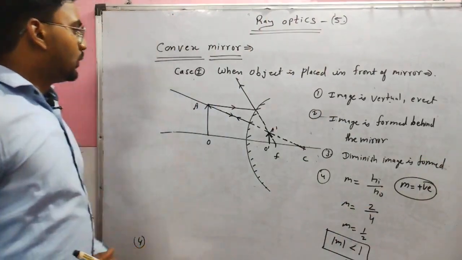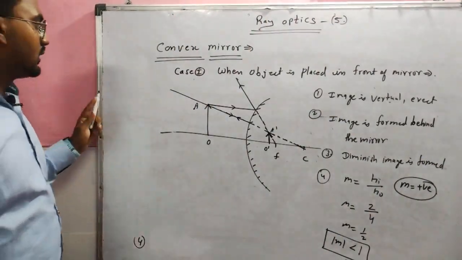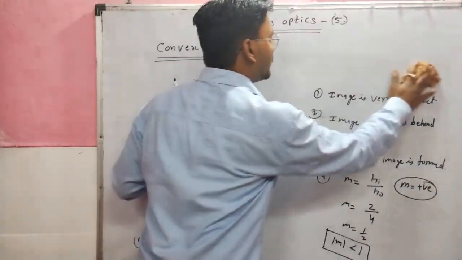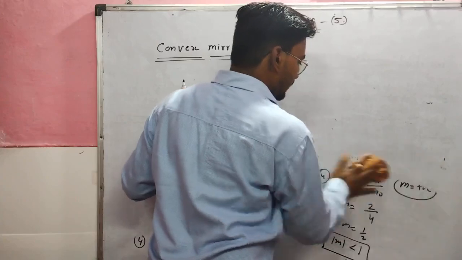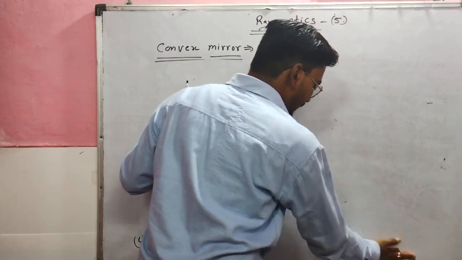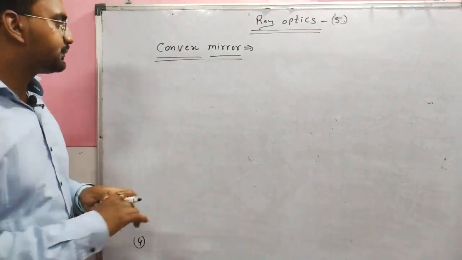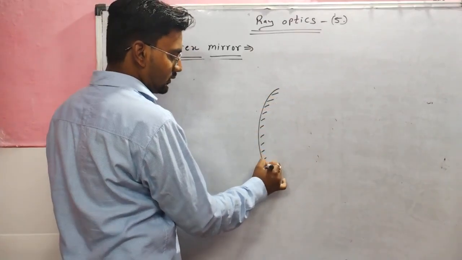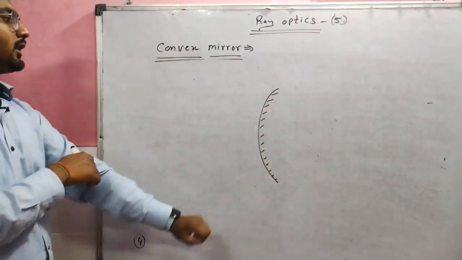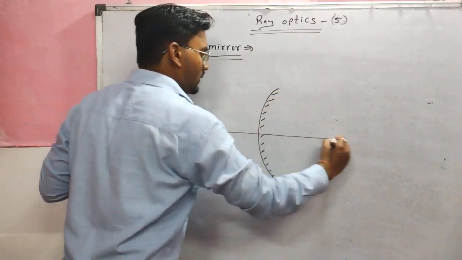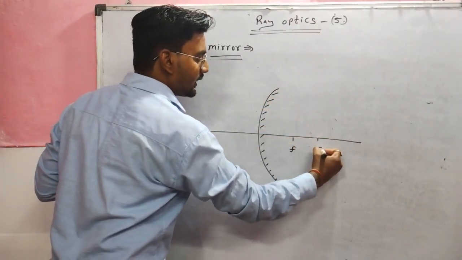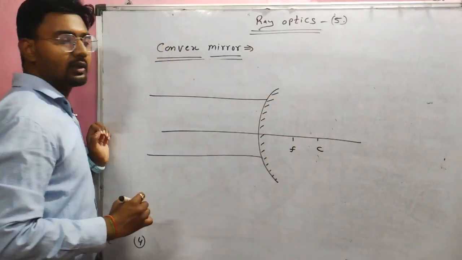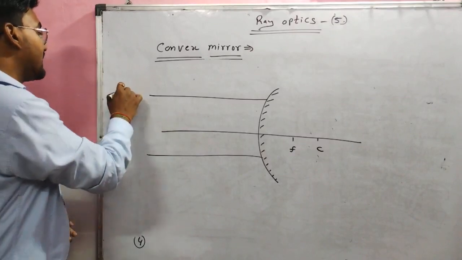Okay. And one last case we have to consider, when an object is placed at infinity. So we take this case also, and then we go for the conclusion of all the cases. Okay, so this is our convex mirror, and in the convex mirror, this is the focus and the center of curvature, when the light ray is coming parallel to the principal axis, meaning when the object is placed at infinity.